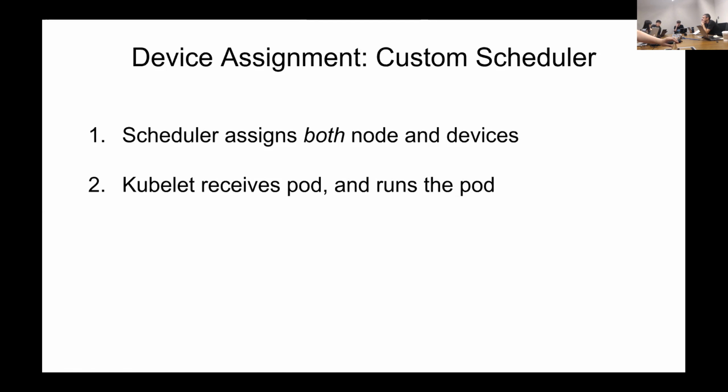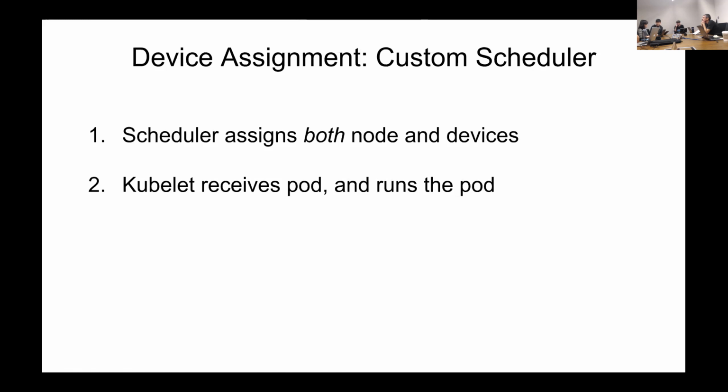So can I ask a question? How does the kubelet know there's already a device assigned to this pod, as it's supposed to be, before it says that okay, there's already a node assigned to this pod? Sorry, say that one more time. So how does the kubelet know there is already a device assigned to this pod?